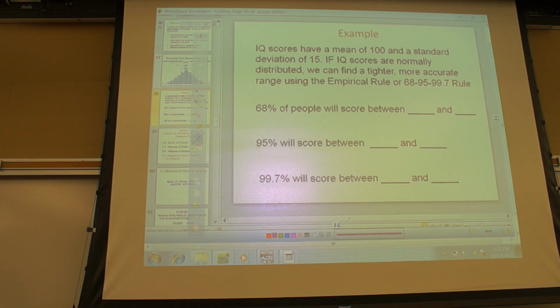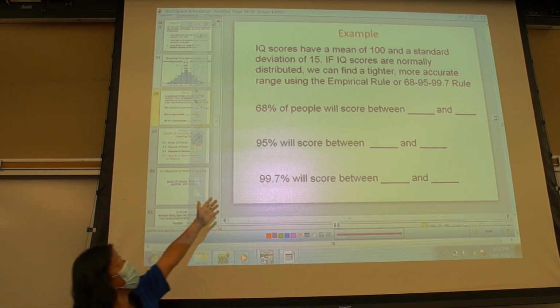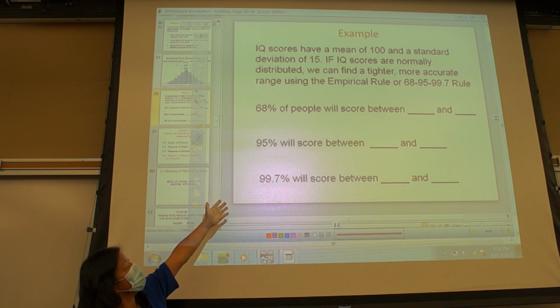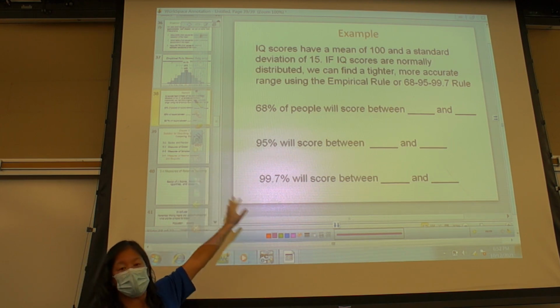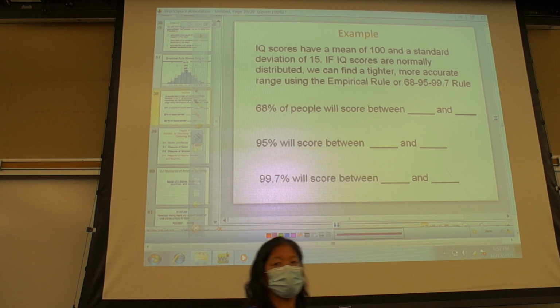Okay, all right, now you guys need to do a similar thing. We know IQ scores have a mean of 100 and a standard deviation of 15. Fill in these blanks where they should go. I will give you 4 of them that you know already.